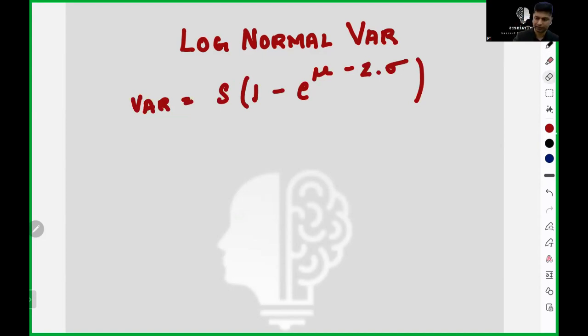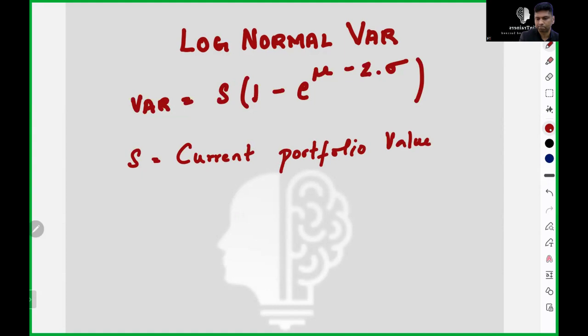So your S is your portfolio's value or your stock value. I'm using stock, but log normal VAR is applied to any asset class that can potentially have logarithmic returns. That means it cannot go negative. The lower bound has to be 0. Current portfolio value, maybe just to make it clear, I'm going to put in a subscript 0 there, S0, current portfolio value.